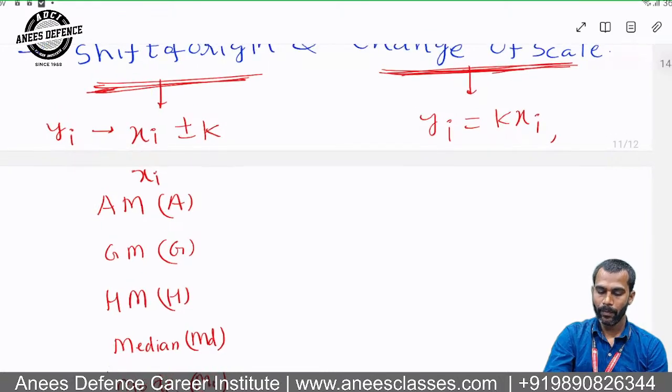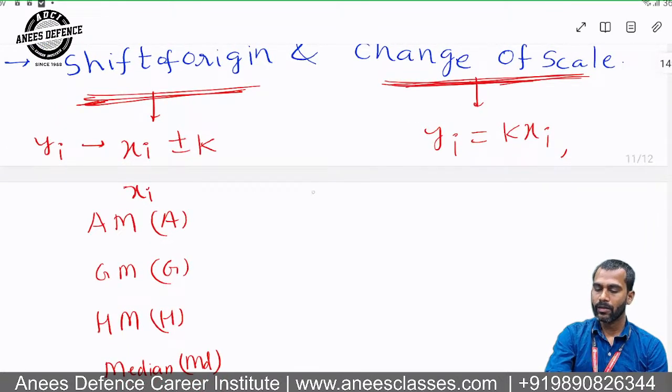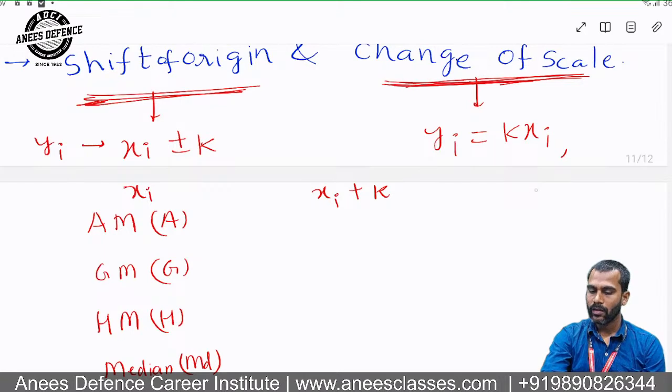Now I am just adding K to every observation. K can be positive or negative, so it will cover addition and subtraction both. And in the other case, I'm multiplying each and every observation by K. This is the table you need to remember.